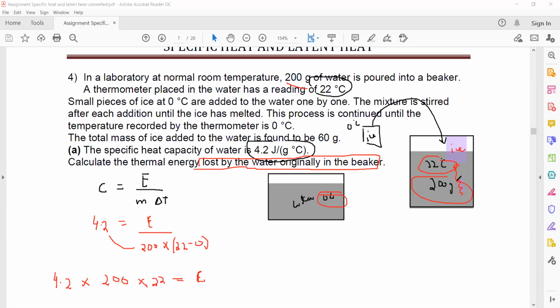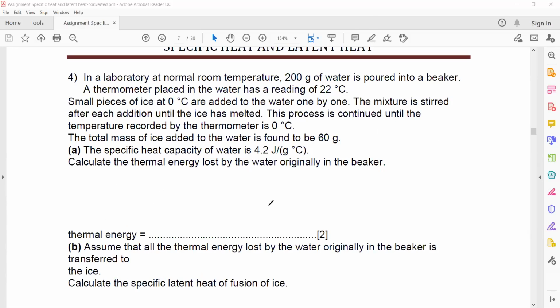Definitely, when all of the ice is melted, then the mass of the water should be 260. But in the question, they did not say what is the total energy lost by all of the water. They asked by originally in the beaker, means in the beginning. That's why we are taking a mass 200, not 260. So it is 18,480. So this value is 18,480 joules.